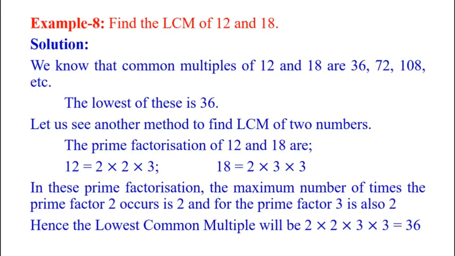That means in 12 the prime factor 2 occurs 2 times and in 18 the prime factor 3 occurs 2 times. So we have to take the maximum times a prime factor occurs in the prime factorization of a number. Hence the lowest common multiple will be 2 into 2 into 3 into 3, so that is equal to 36.